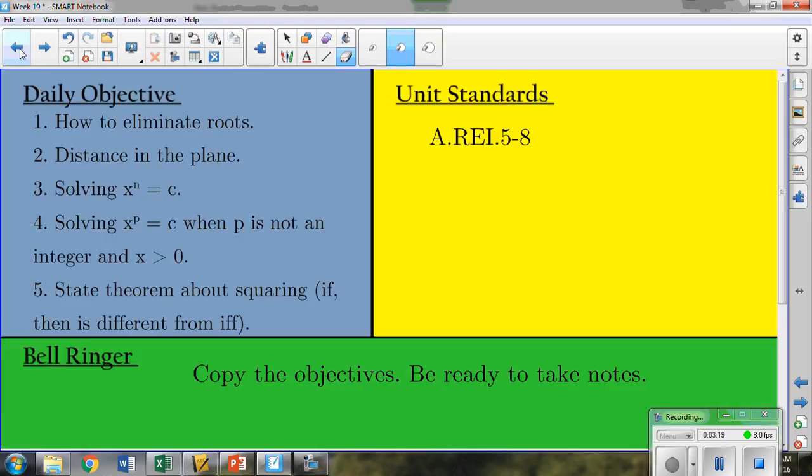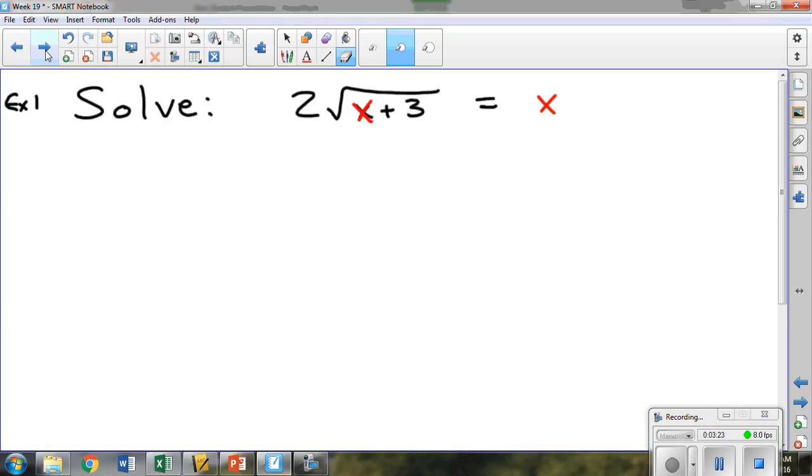Emphasizing again, topic number 1, how to eliminate roots. The most important thing, isolate the square root by itself. One side has to have the square root and nothing else. So how are we going to get the square root completely by itself?